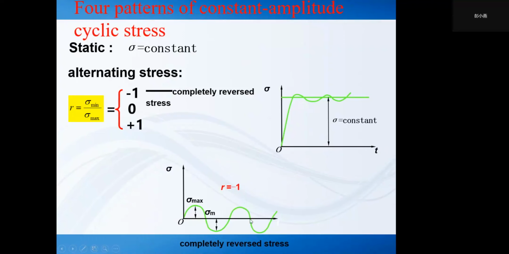This is the mean stress is 0. An example of a completely reversed stress is a rotating circular shaft loaded in bending.